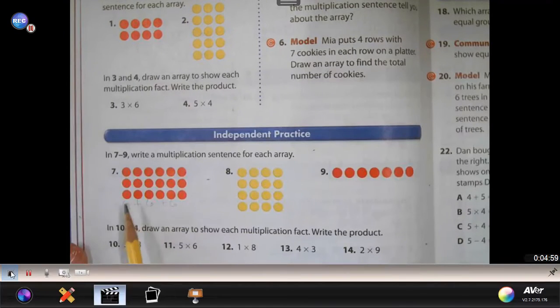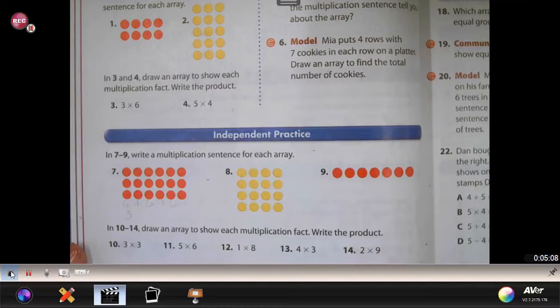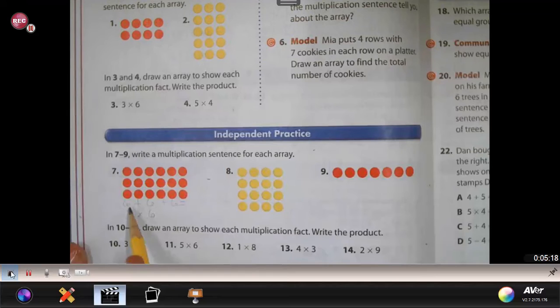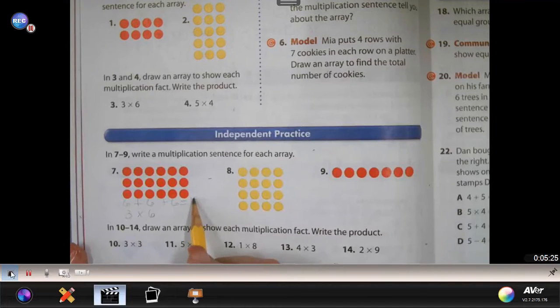But if you notice, I can also write a multiplication sentence because I have equal groups. So I have 3 rows, those are my groups, and in each row I have 6 counters. So when I add 6 plus 6, that gives me 12, plus another group of 6 will give me 18.